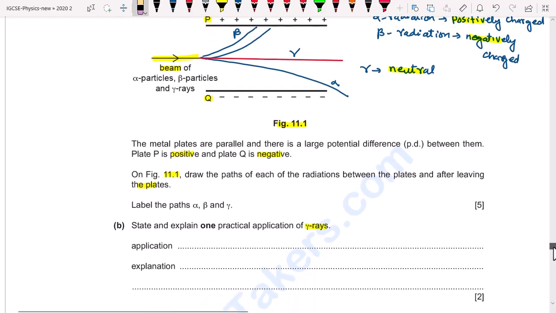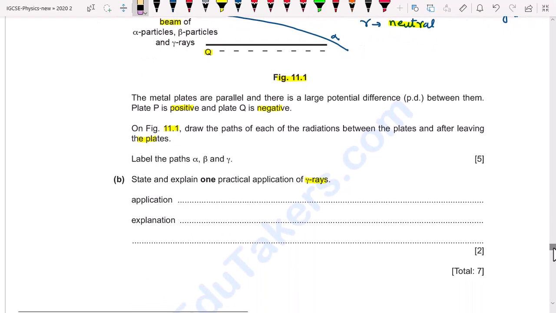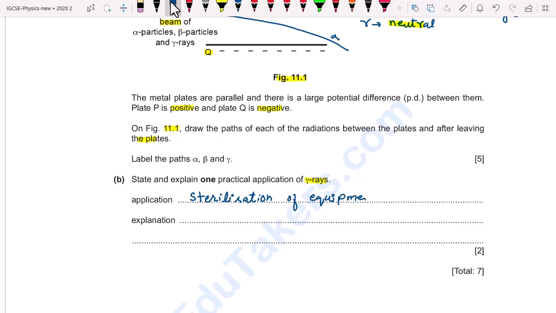So I write here, because they destroy bacteria.